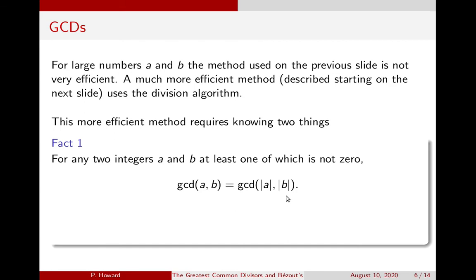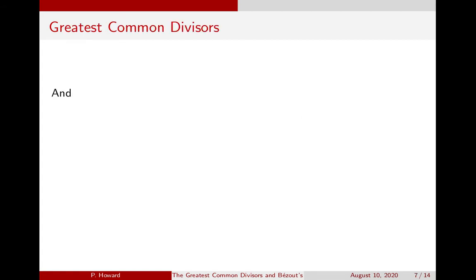This means that when we are calculating greatest common divisors, we can ignore signs, pluses or minuses. So for example, the greatest common divisor of minus 30 and minus 25 is the same as the greatest common divisor of 30 and 25, which is 5.